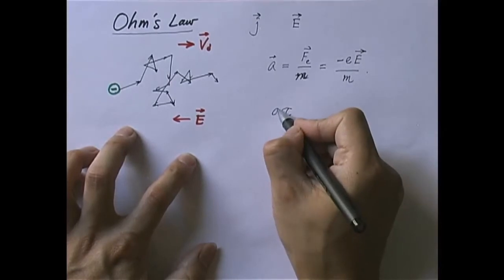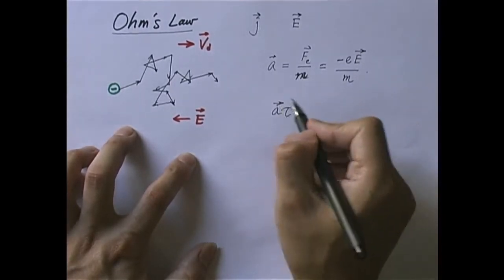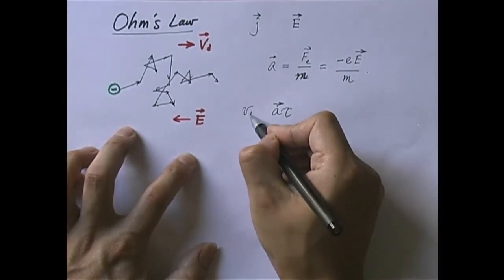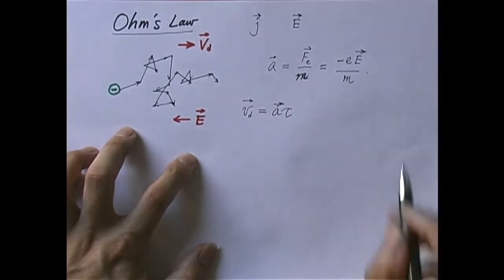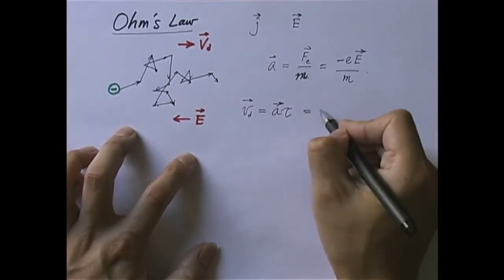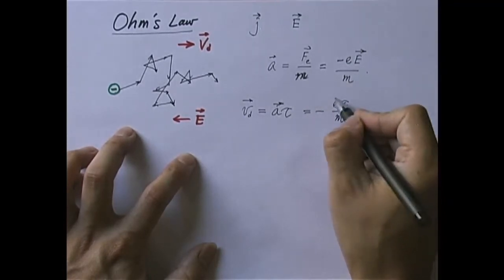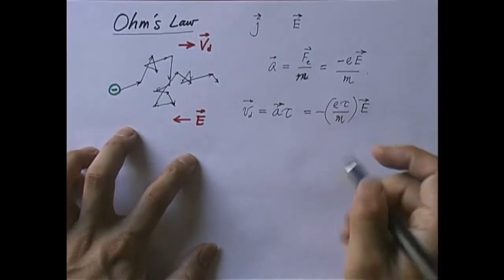Therefore, after this much time, it's going to move at this velocity, on average. Tau is already the average value, therefore Vd is the average value over all these electrons. See? A times tau, and that is negative e tau over m times the electric field.